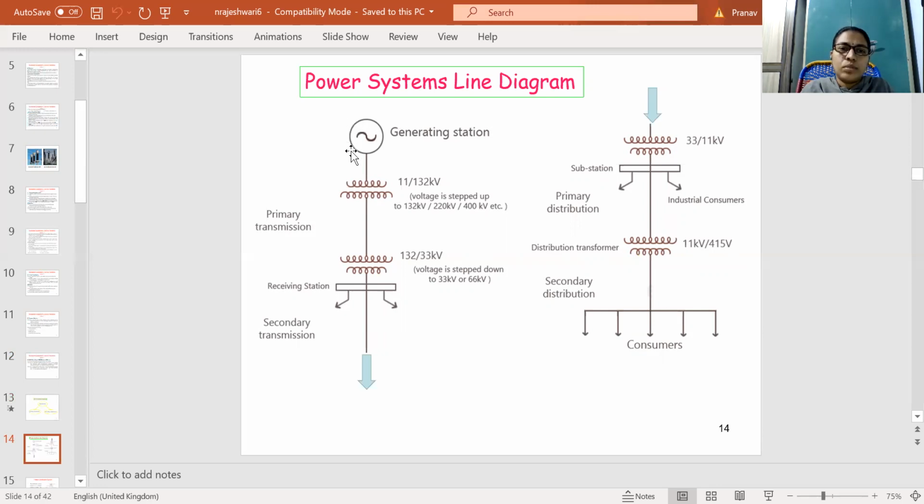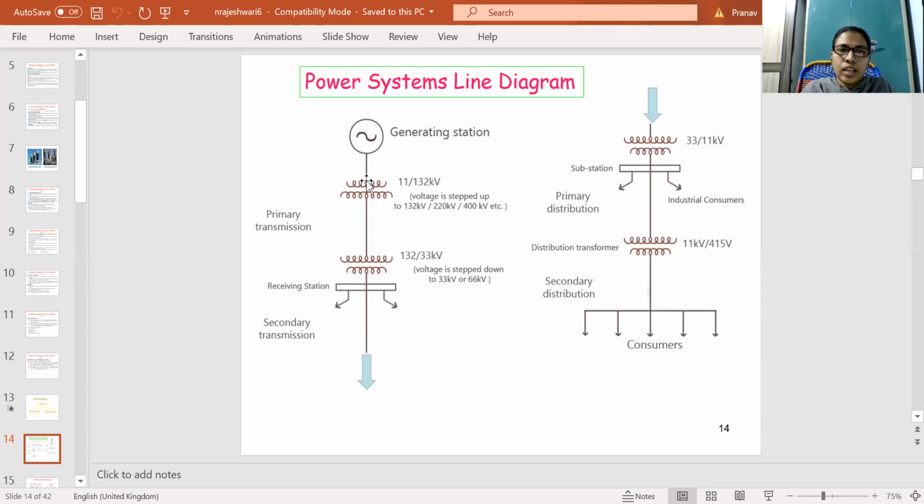Here, suppose 11 kV is generated in this generating station. So 11 kV is supplied to the primary transmission. This is the primary transmission transformer, a step up transformer, and from the generating station to the primary transmission this is the 11 kV line.